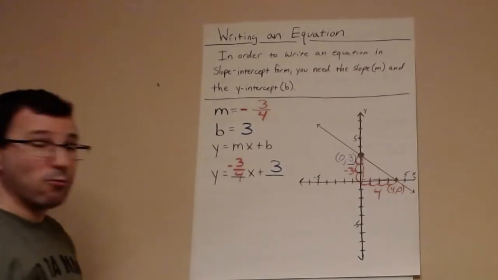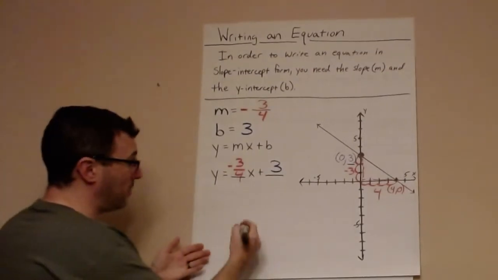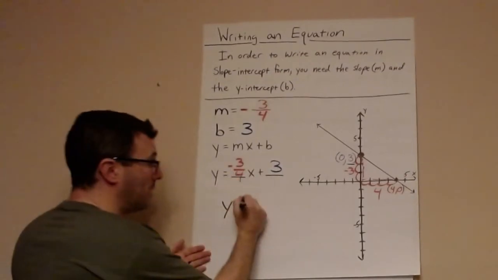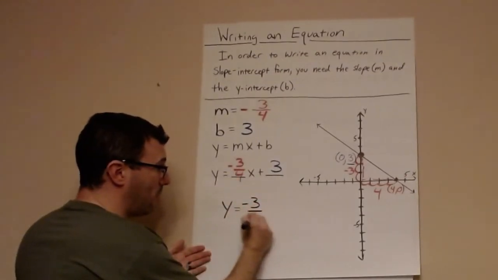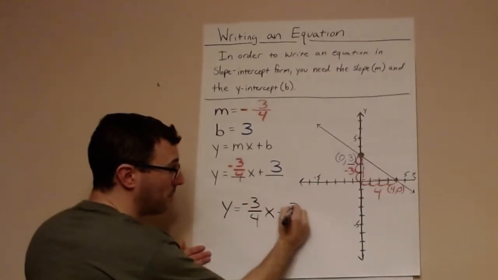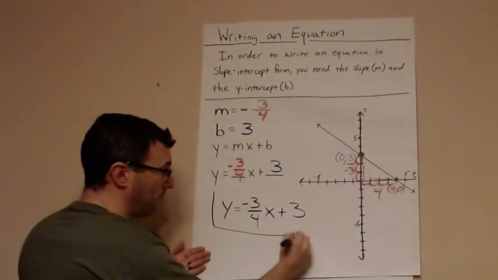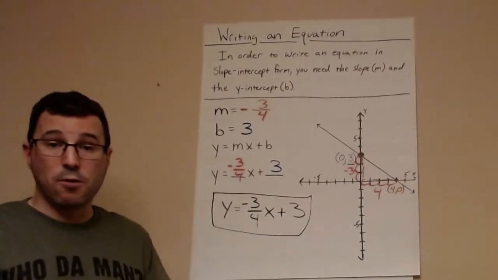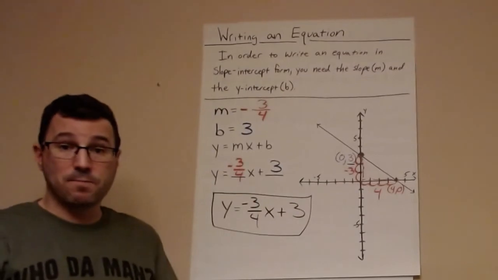So what I do is I rewrite it. And simply my equation for this line is y equals negative 3 over 4x plus 3. And there we go. We have our equation for this line. Okay?